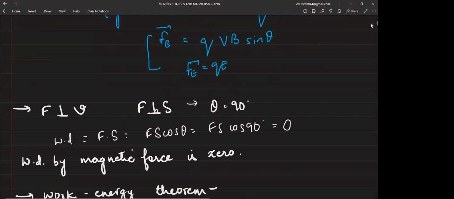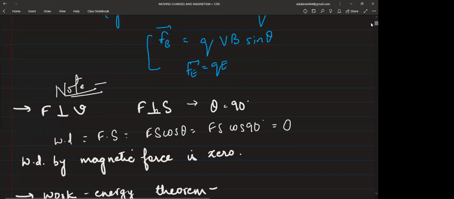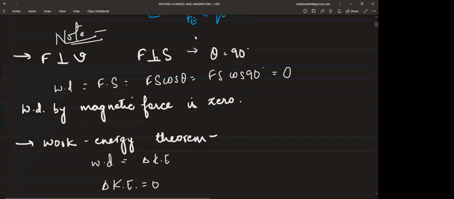Now there's one note point to write regarding the final and initial velocity. This basically says that if you get a condition where force is perpendicular to velocity, then force will also be perpendicular to displacement because velocity is made up of displacement only.